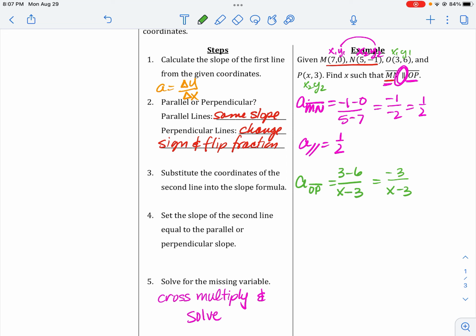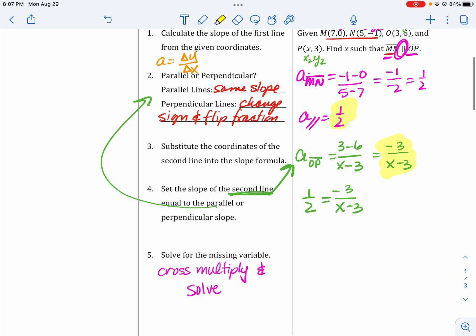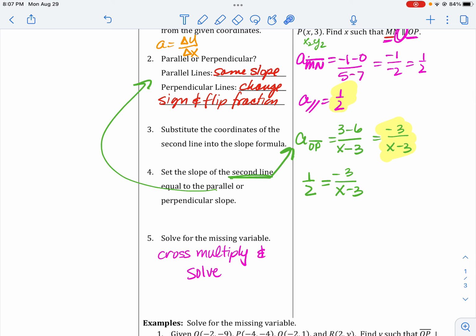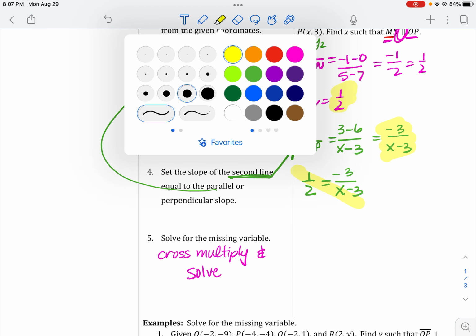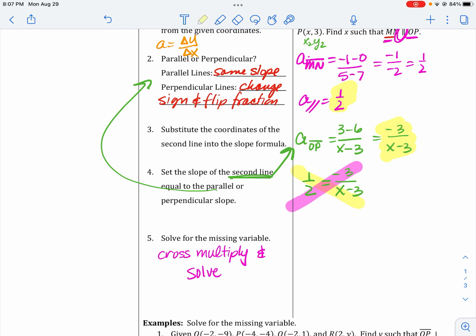So now we set the slope of the second line, that's this one, equal to the parallel slope from up here. So our parallel slope was 1/2. That has to equal negative 3 over x minus 3. So I took this and set them equal to each other. Then we just cross multiply. So I'm going to multiply these numbers, and I'm going to multiply those numbers.